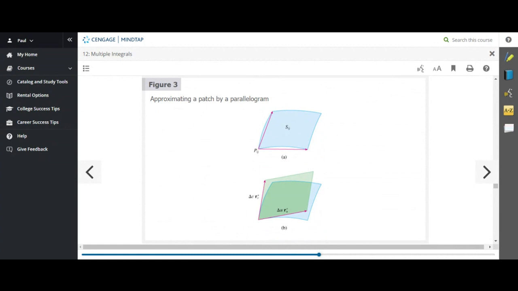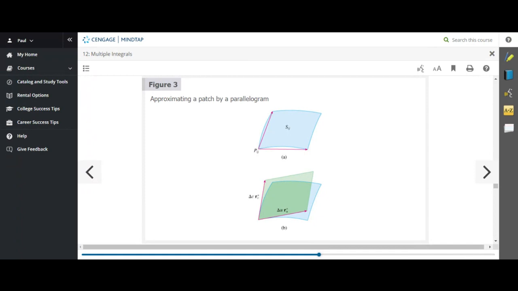And then what you could do is, in figure B, they have the area of the patch, but then they're defining a parallelogram, where the red vectors are those derivative vectors, the r sub u and r sub v.